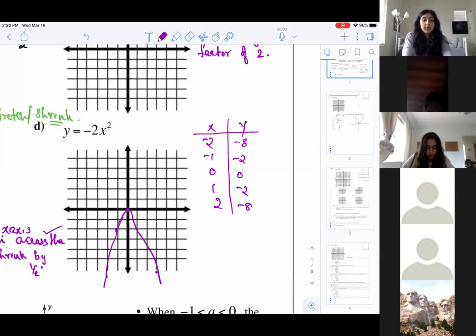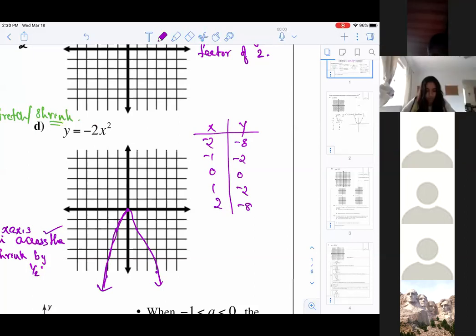Okay, write down the two transformations.